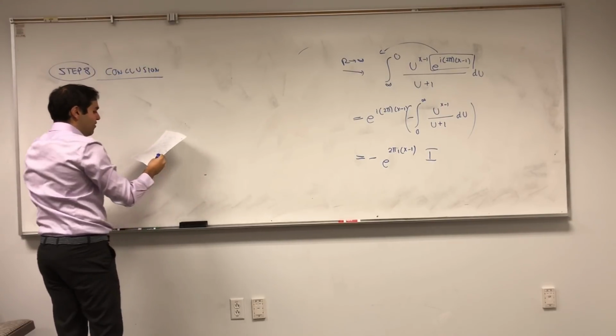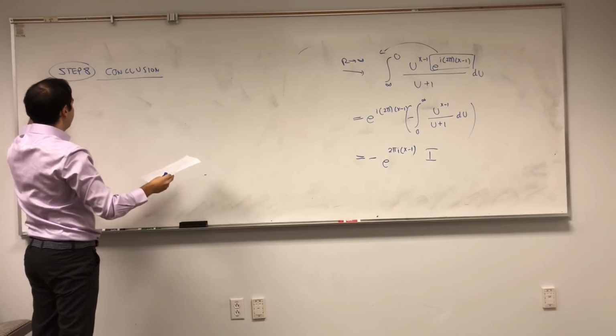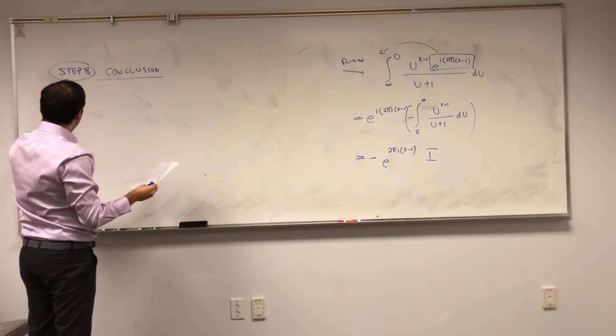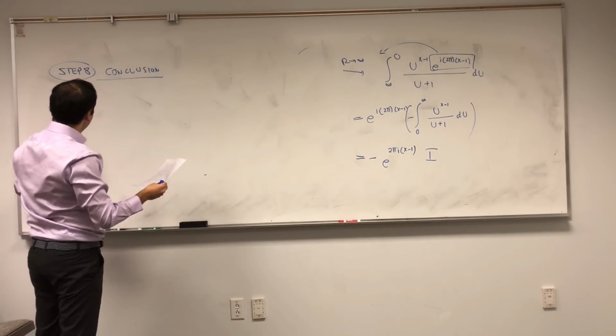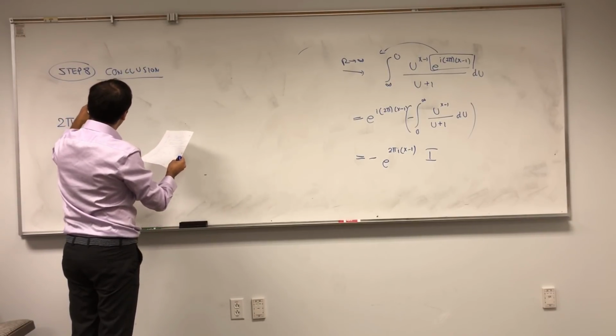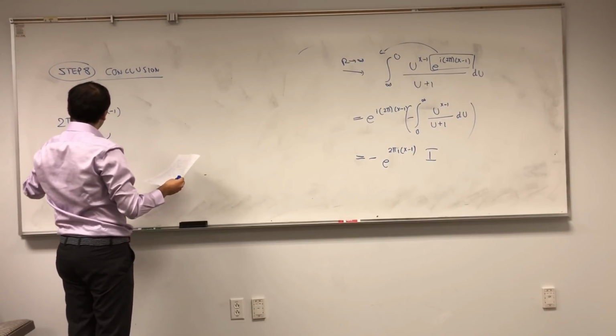So what do we have? On the one hand, we have the residue calculation. And we found that the residues give you 2 pi i e to the i pi x minus 1. That's what we got from the residues.